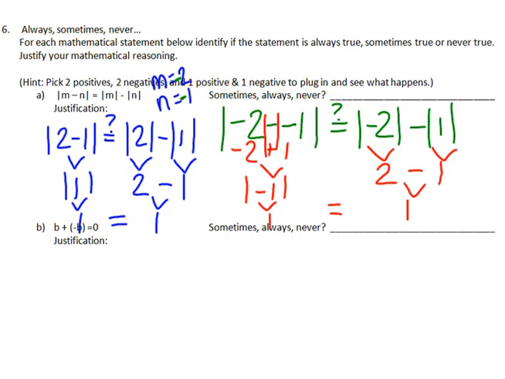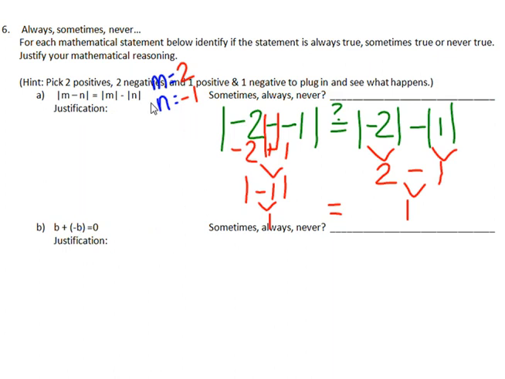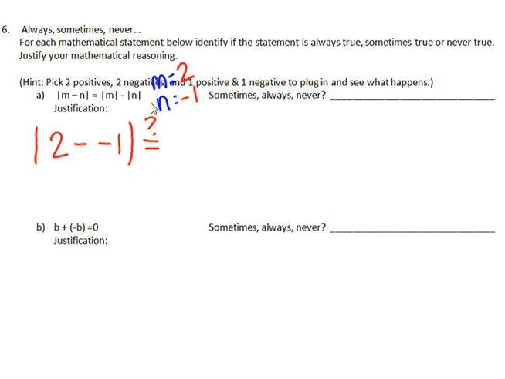Okay, now we're going to pick one of each, one positive and one negative. So let's go back to our numbers. How about if we have m equals 2 and n equals negative 1? Okay, we'll plug it in just like we did before. 2 minus negative 1. Is that equal to the absolute value of 2 minus the absolute value of negative 1?